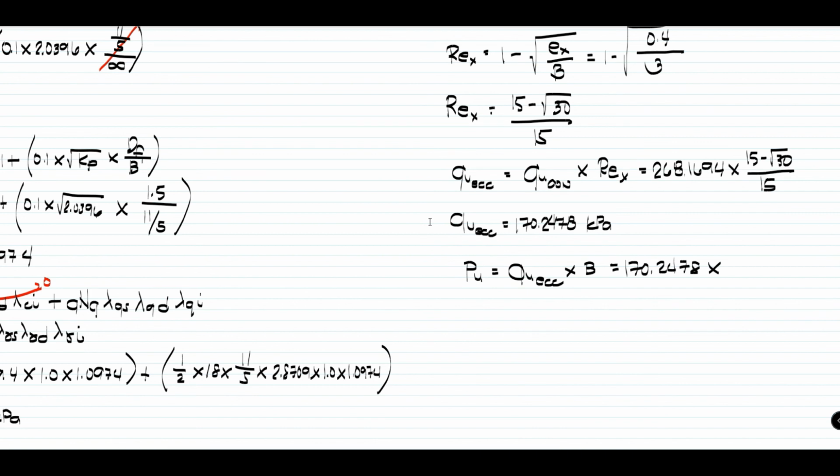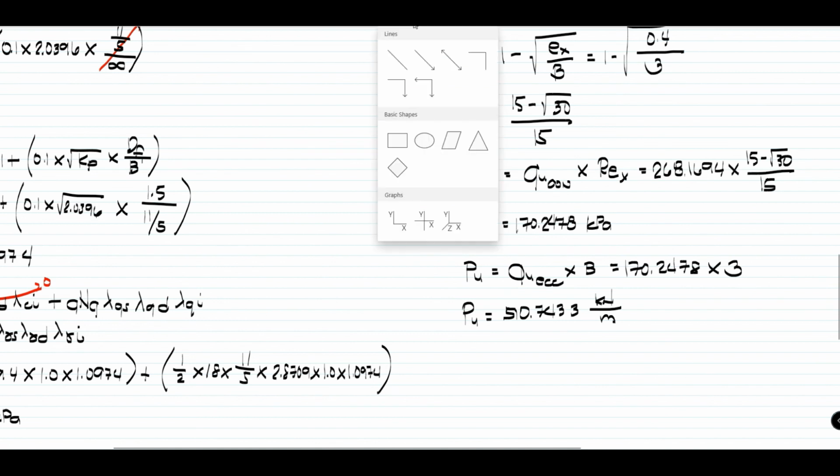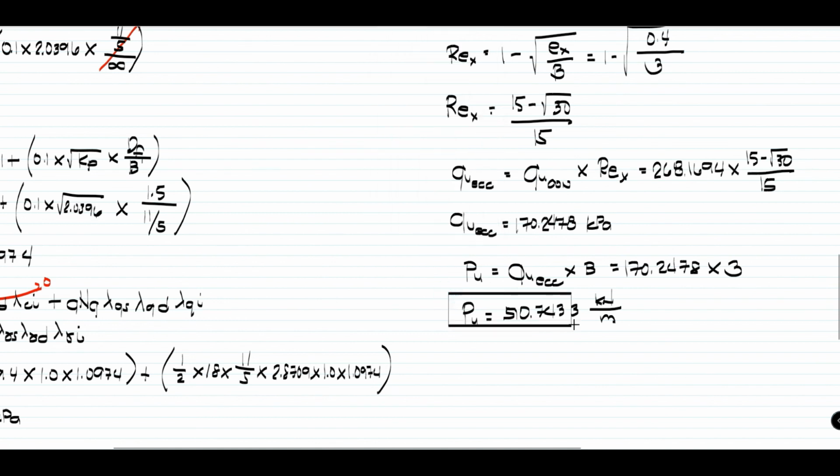So, we'll just use B. So, times B. So, that will be times 3. So, the PU will just be equivalent to 510.7433. That is in kilonewton per meter. So, ito na ngayon yung hinahanap natin na answer for our given problem.